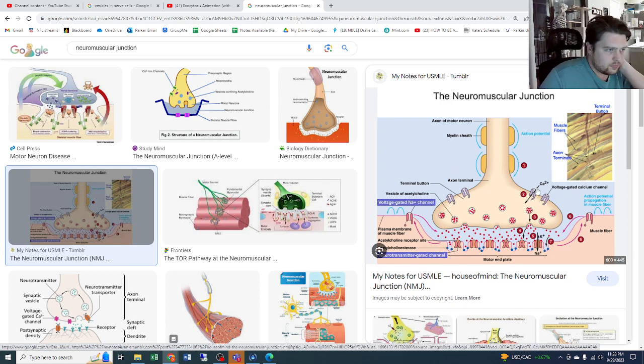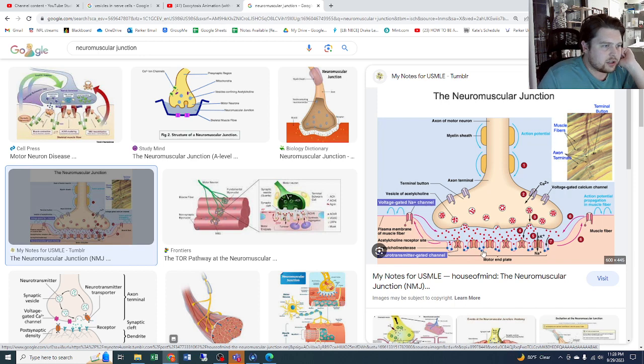Okay, those are our voltage-gated calcium channels right there. In our axon terminal, all these little red dots are acetylcholine coming into this area, which is known as the synaptic cleft, this area in between the neuron and the muscle itself.